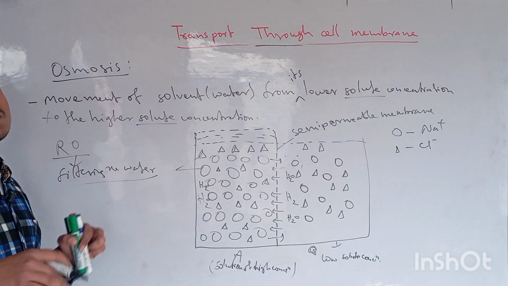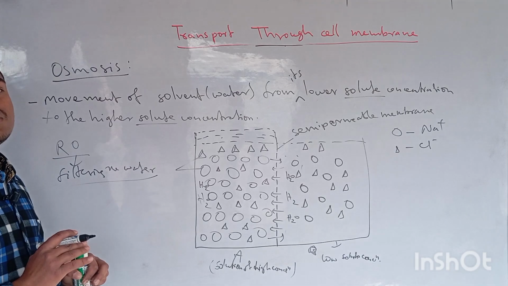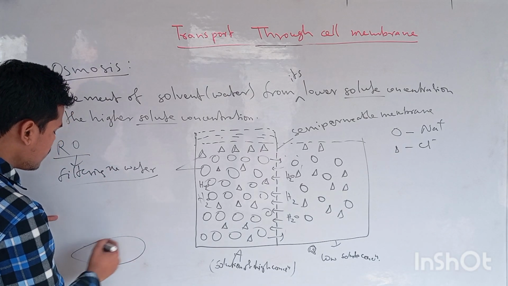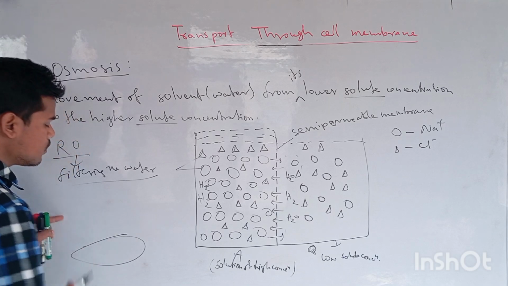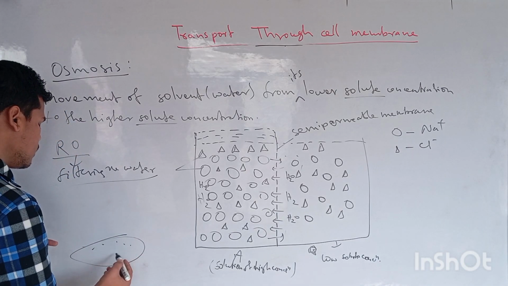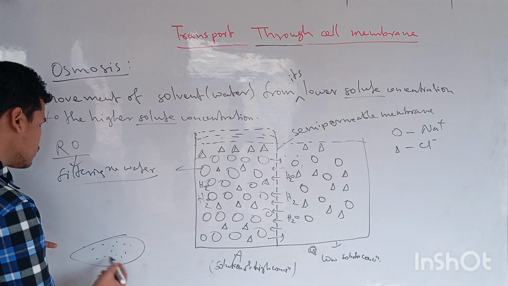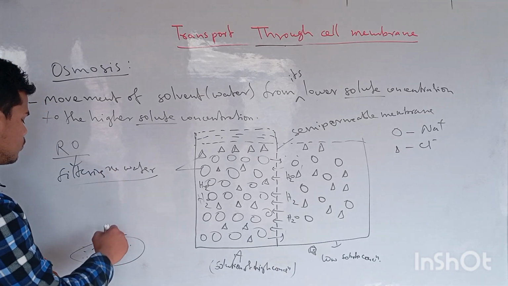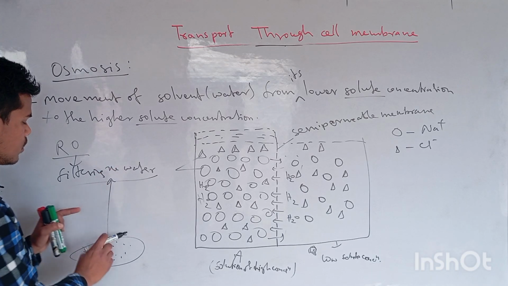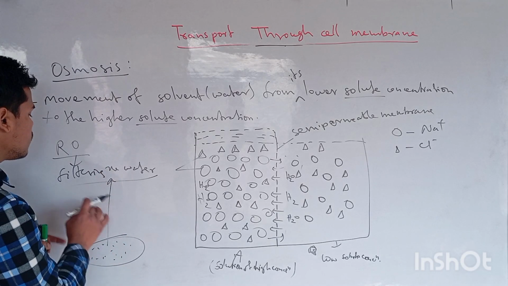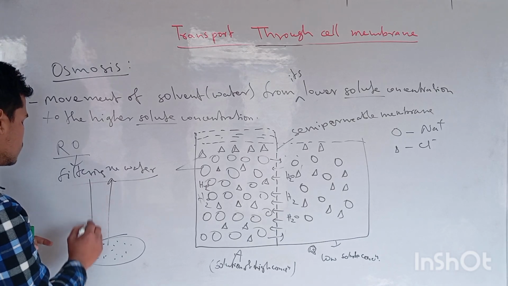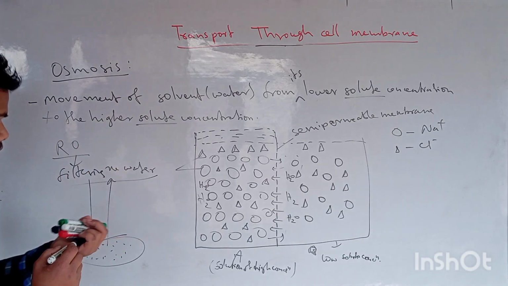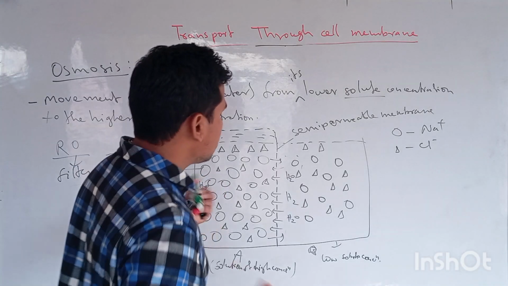Polluted water means there will be many ions and molecules, and in the other compartment, where we intend to move this water, there is less solute concentration or nearly pure water. Initially the diffusion would go in this direction, but we are reversing the direction by applying pressure. That is called reverse osmosis.